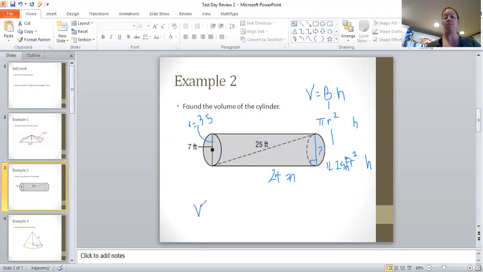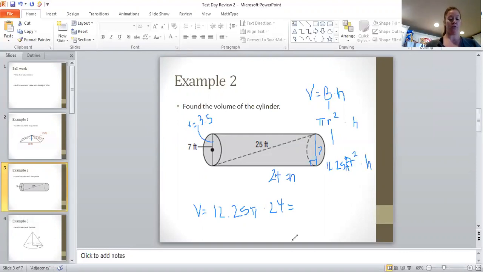So volume of a cylinder is equal to big B, which was 12.25 pi, times our height, which is 24. I'm going to leave my answer in terms of pi, right? On our Google form, I think we did 2. You would just either write, you can use the pi key if you know how to do that, or I also accepted the word pi as the answer.